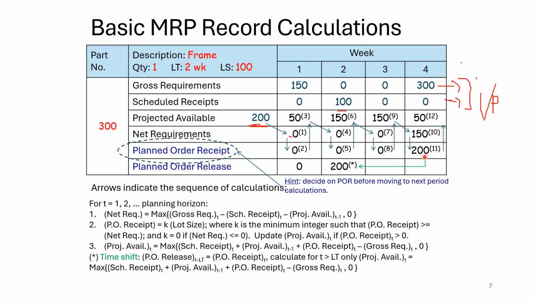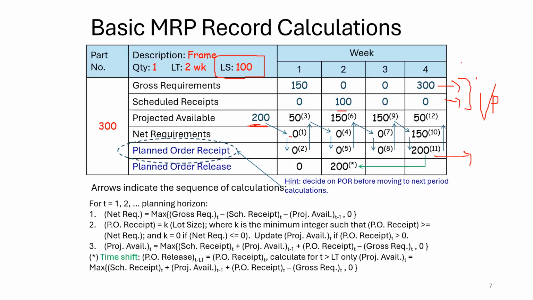And the planned order receipt is the number of products that we plan to receive to satisfy this net requirement. Ideally, we will plan to receive only 150 units to satisfy this requirement. But if you look here, the lot size that we have is 100. So we cannot order 100 or 150 units. We can order minimum 200 units to satisfy this net requirement constraint.